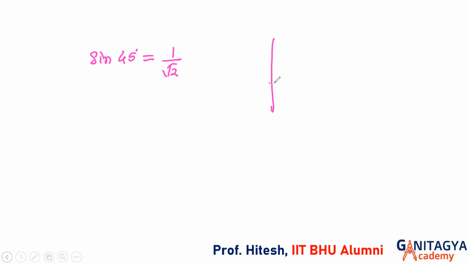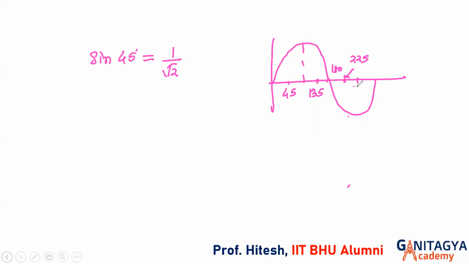so in waveform you can see this is 90 degree, in between it is 45 and 90 plus 45 is 135, ठीक है. this is 180 and 180 plus 45 is 225, then 270 and then 45, so it is 315.